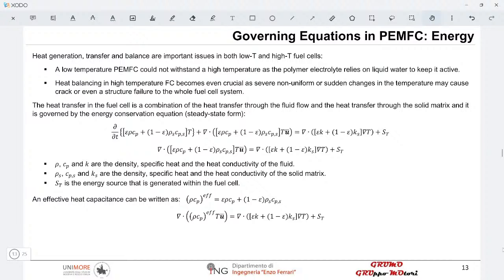That happens where electrochemical reactions happen, so at the catalyst layers. So all of that heat dissipation that we talk about when we talk about the Gibbs free energy versus enthalpy, the difference is the second principle losses.